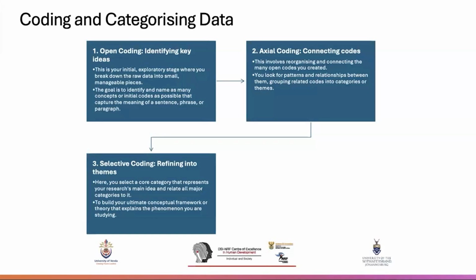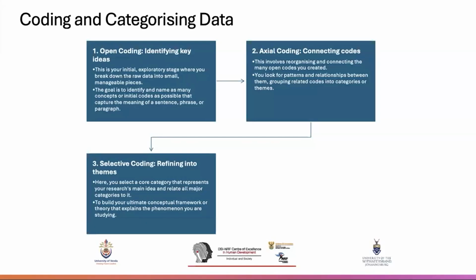The first one is open coding, the phase where you identify key ideas. The second is axial coding, where you connect the codes. And the third is selective coding, where you refine these codes into themes.